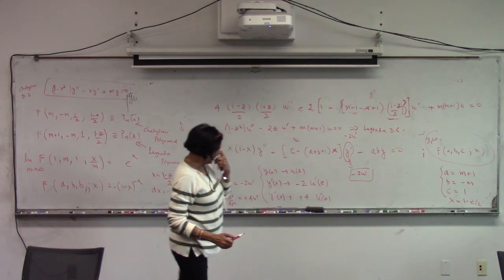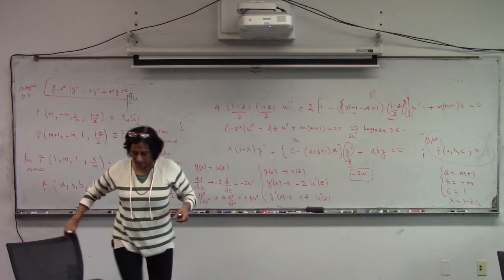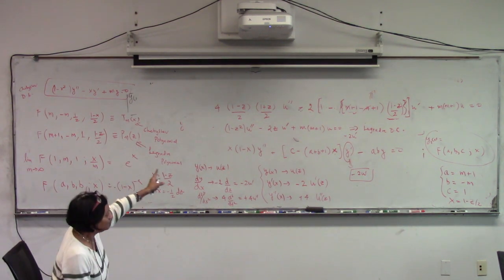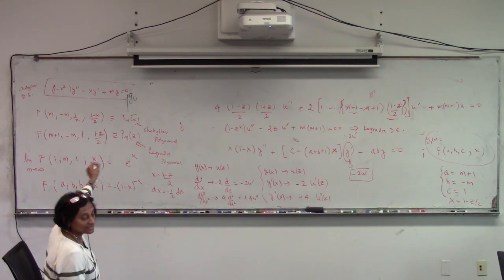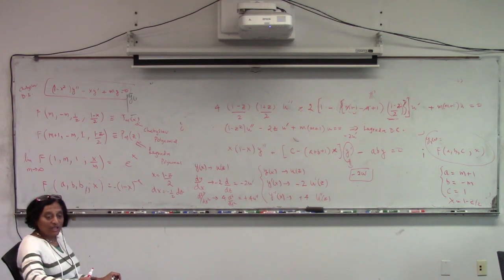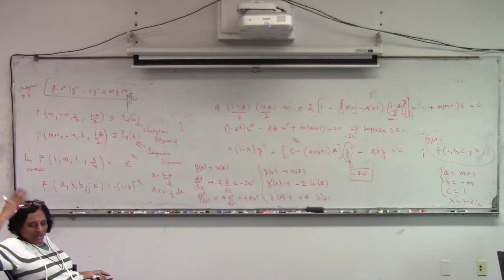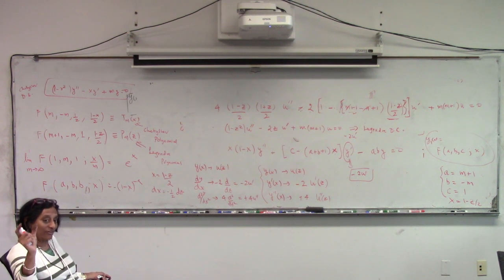So basically, the whole task is to find what the values of a, b, and c are in the hypergeometric function series that will give this. Now remember that we had Legendre polynomial when we did the series. Now you can write the solution because it's very easy to remember the hypergeometric function series, right?